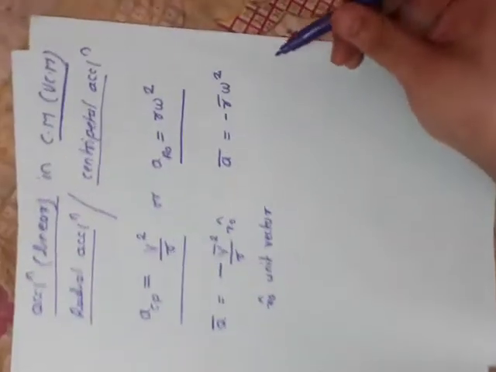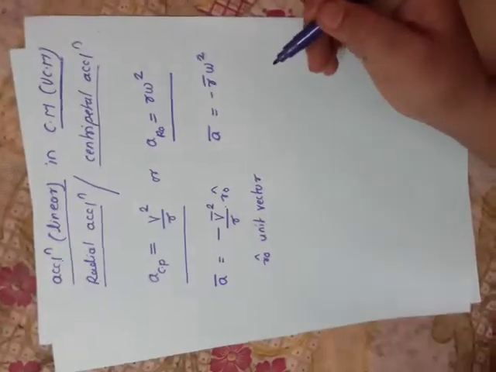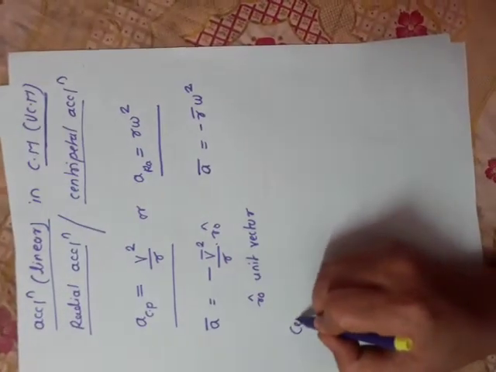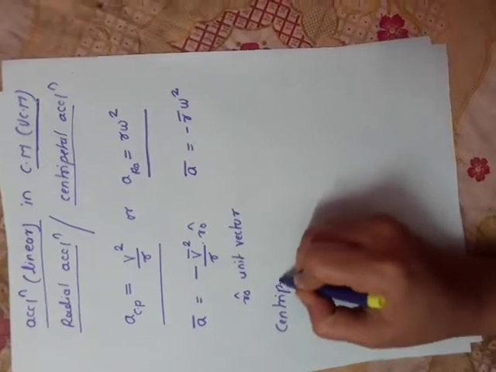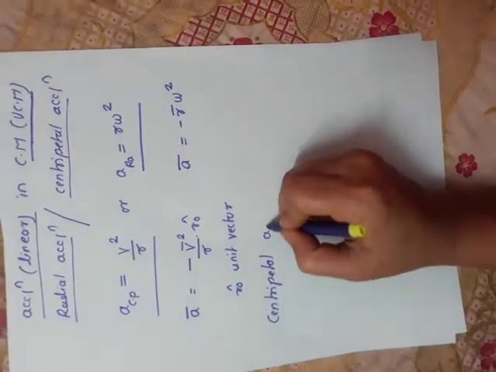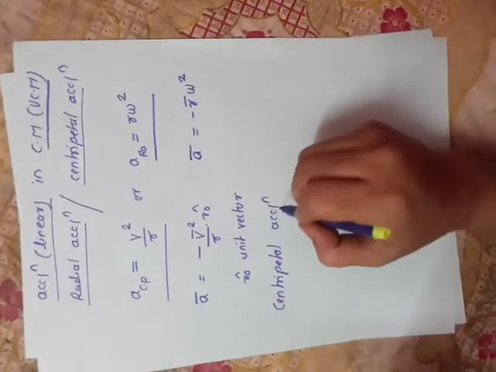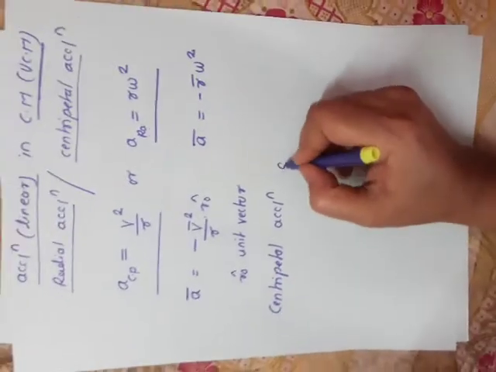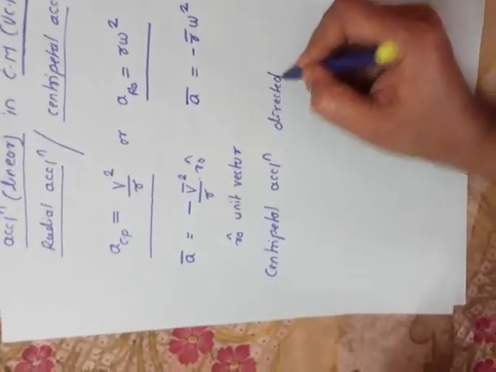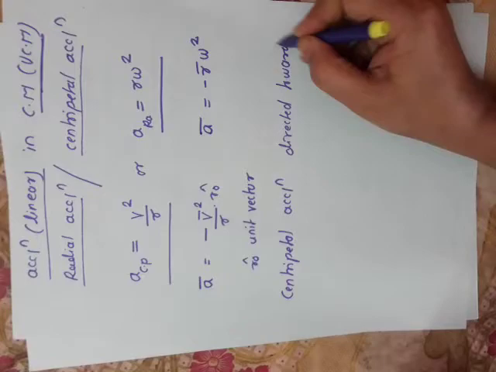The meaning of the negative sign is very important. Centripetal acceleration or radial acceleration is directed towards the center of the circle.